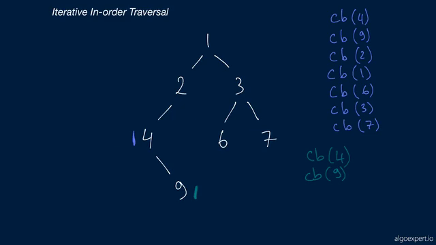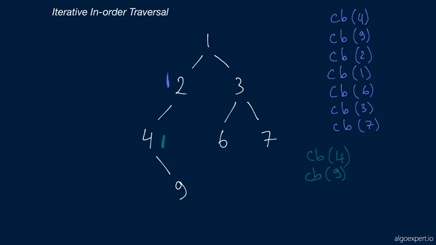So therefore, the next thing we have to explore is our parent node. We have to go back up. Okay? So we're now gonna move our current node here to the 2, and we're gonna move our previous node to the 4.